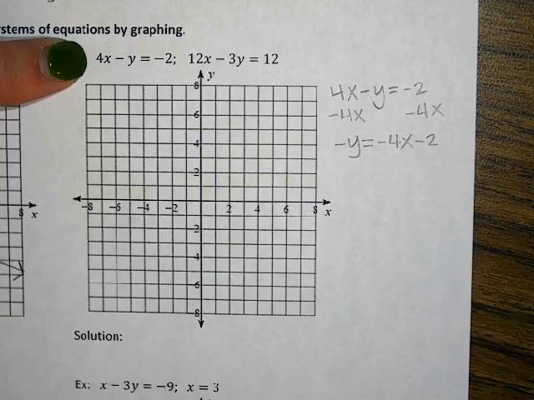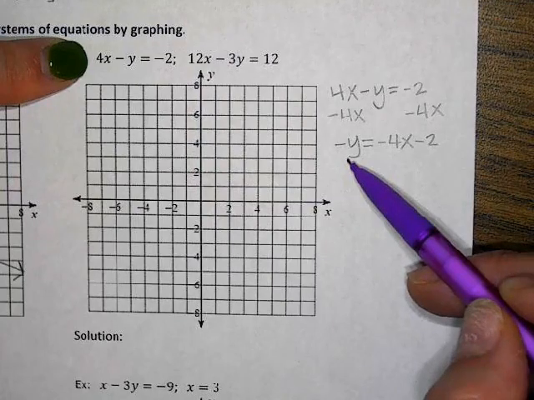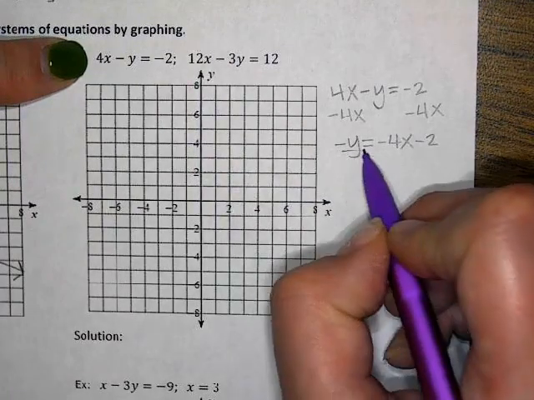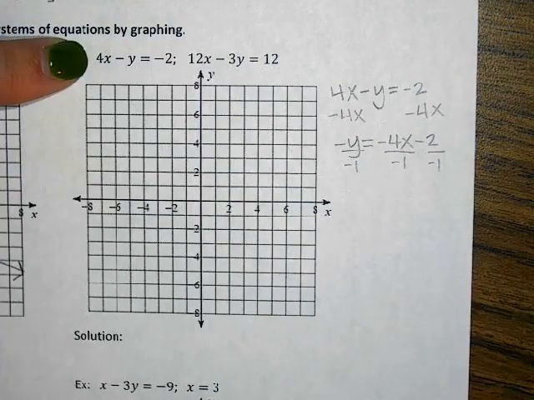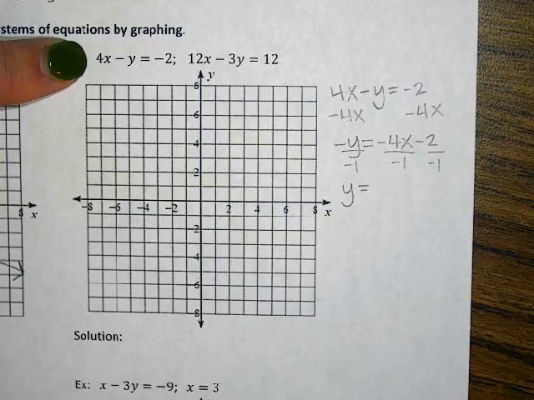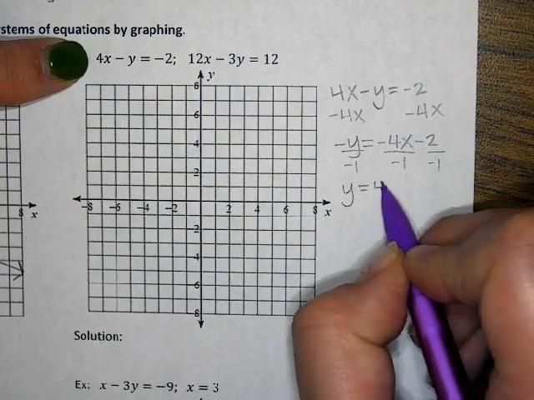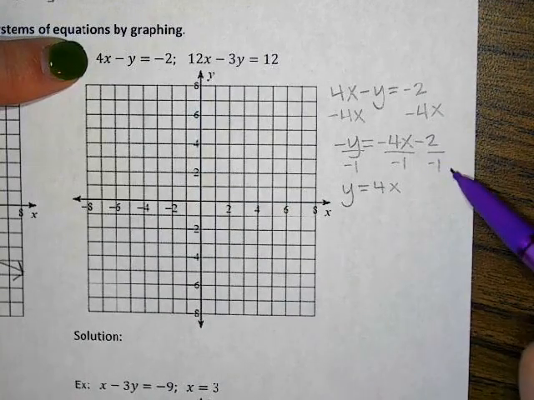And bring down the -2. And then what do we do to make it so the y is all alone? Divide by -1, divide by -1, divide by -1. So y equals, what's the slope? Positive 4x. And what's the number on the end?